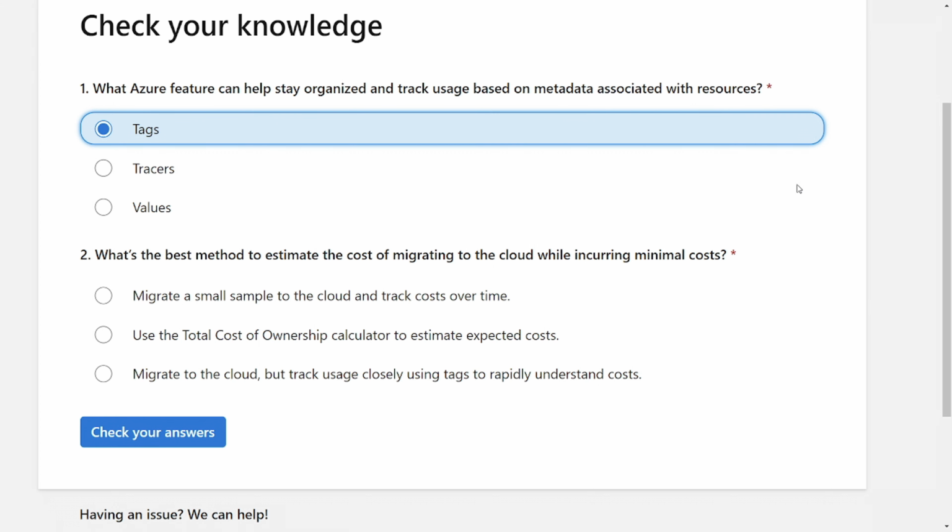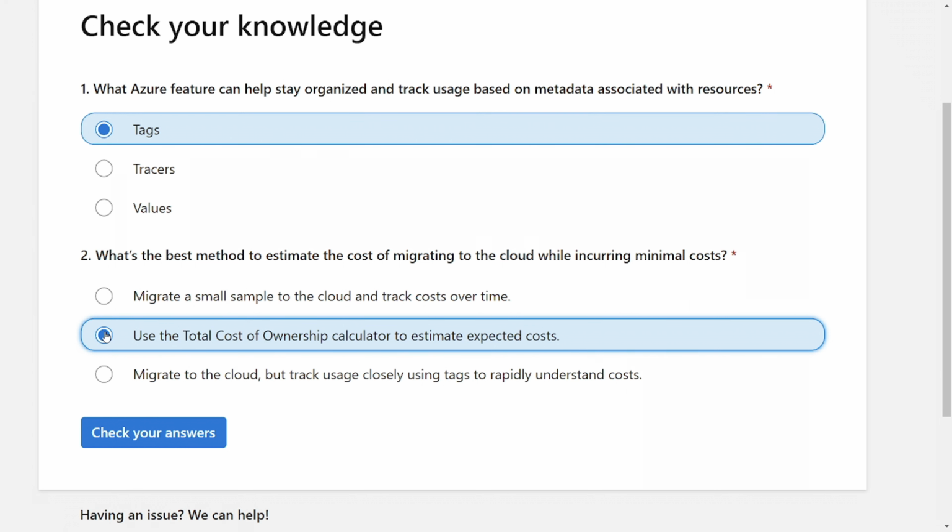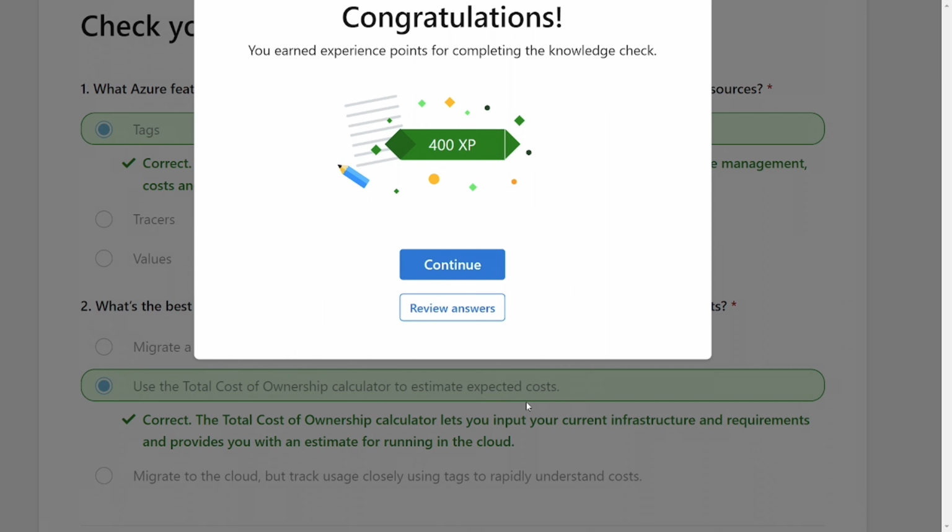The price calculator is just to calculate the cost of services, and the ownership calculator is where you can estimate your on-premises and on-cloud costs. Because we are going to migrate from on-premises to the cloud, we will be using the total cost of ownership calculator. So let's see what happens. Let's check our knowledge. Okay, great.